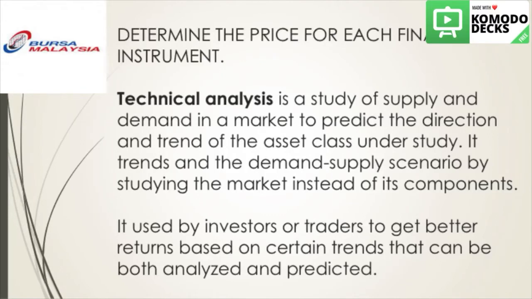So in simple words, we can say that technical analysis is used by investors or traders to get better returns based on certain trends that can be both analyzed and predicted. For example, moving average indicators or RSI indicators and so on.